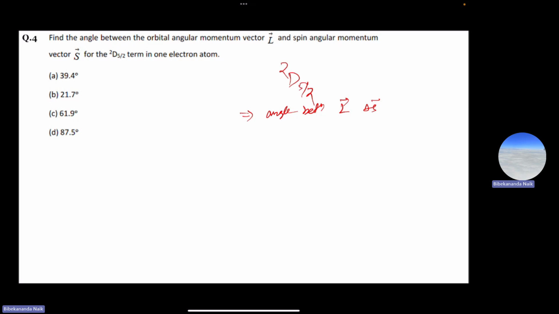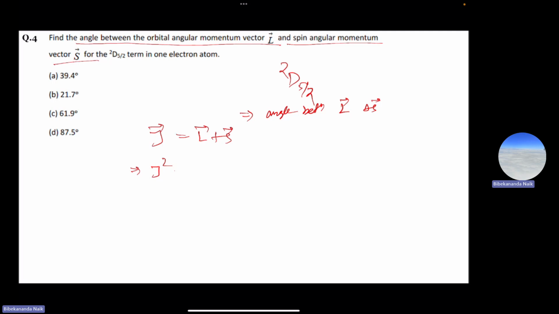So let's solve this one. It says the angle between orbital angular momentum L and spin angular momentum S. According to the law of vector addition, J vector is equal to L vector plus S vector.